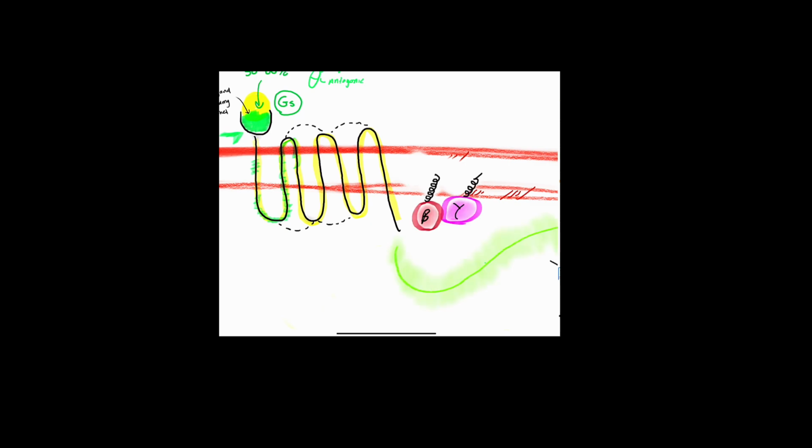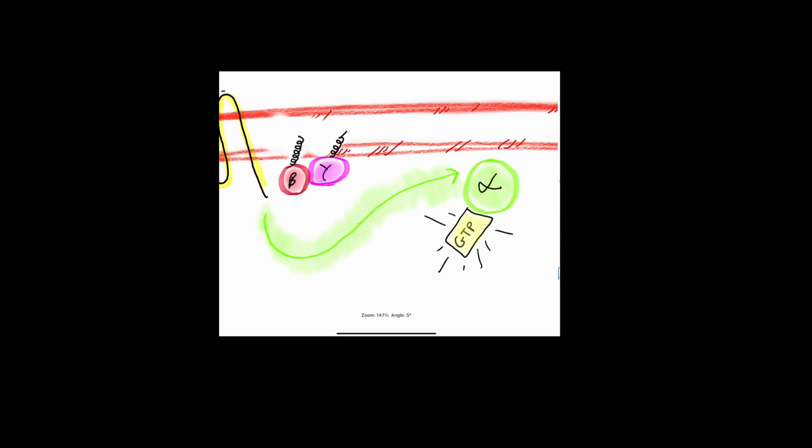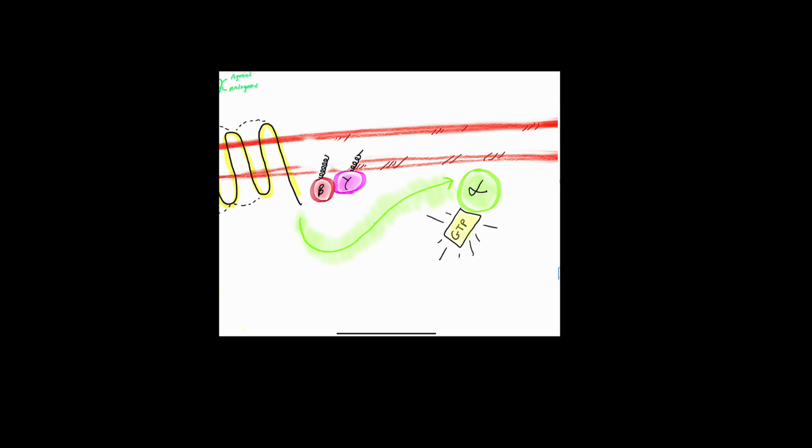Now, when that alpha subunit turns on, it is going to disassociate from the trimeric cluster. So you can see here that beta and gamma are still anchored into the membrane via those lipid anchors.